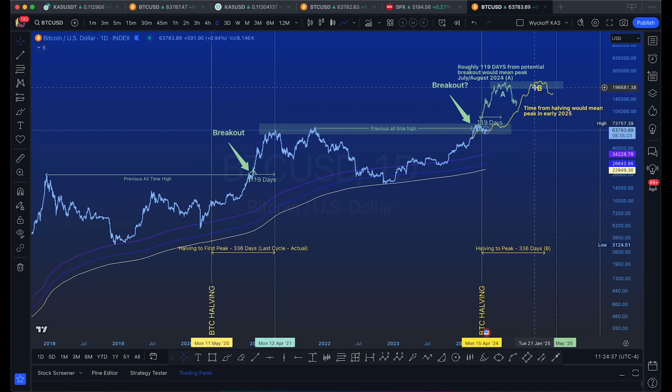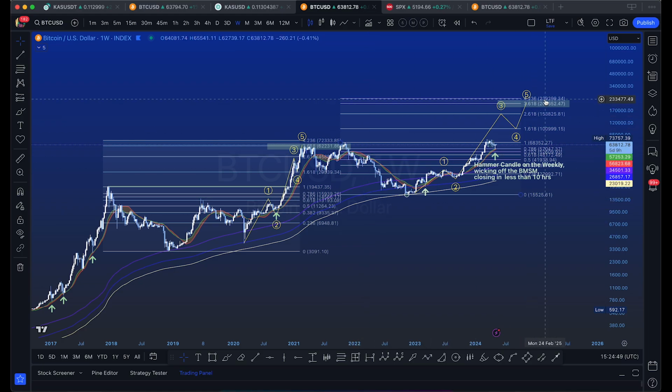Judging by the time from when the halving occurs to the time Bitcoin puts in its peak in the last cycle, if it repeats, we'll see how that plays out in terms of levels and time frame. Obviously, that's all just speculative and time will tell.